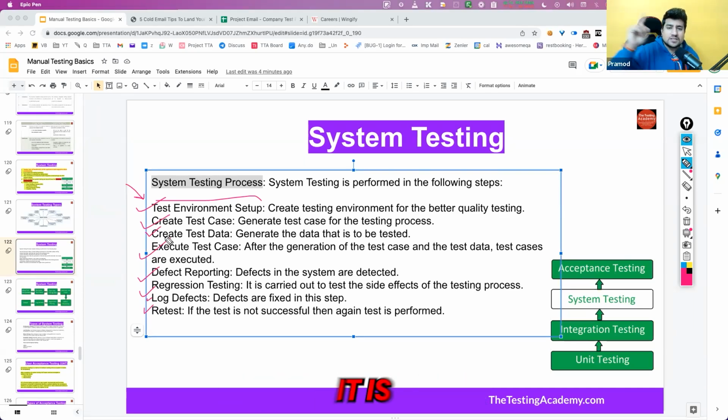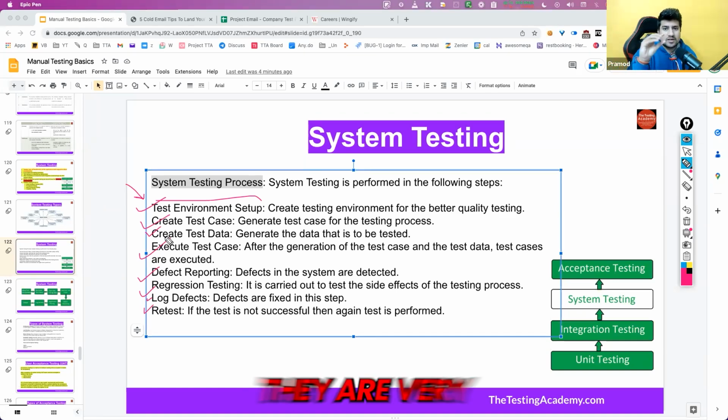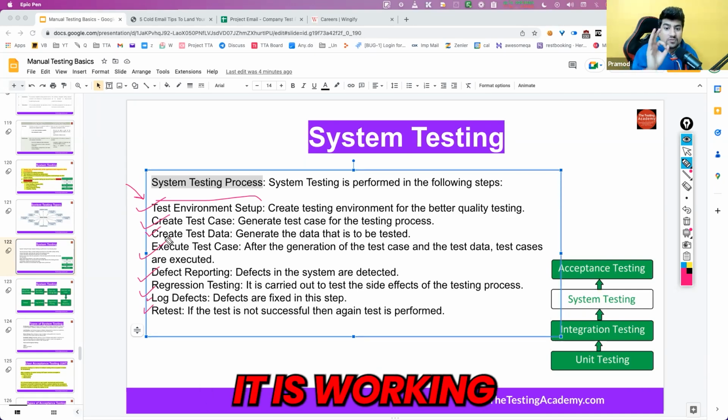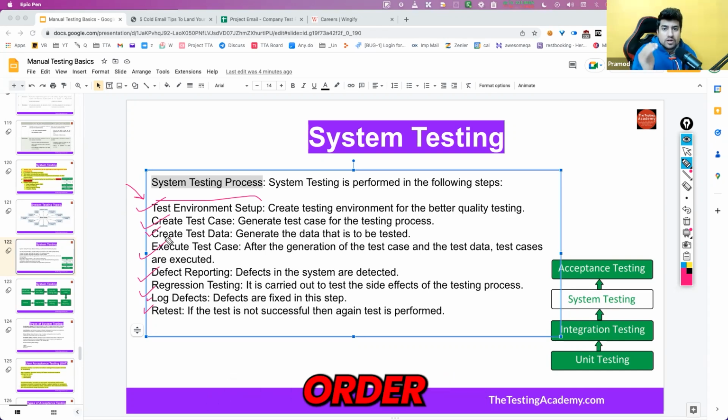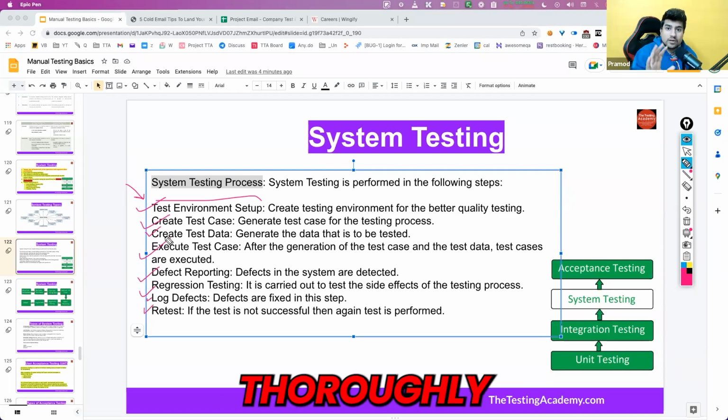When a user does it, it is called user acceptance testing, where the UAT people are very similar to end users. They check the proper requirements. Suppose this is an e-commerce website: is it working as expected, am I able to order from this website or not, am I able to return an item from this website or not. All these functionalities they will not test thoroughly.